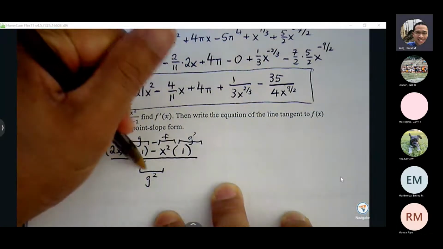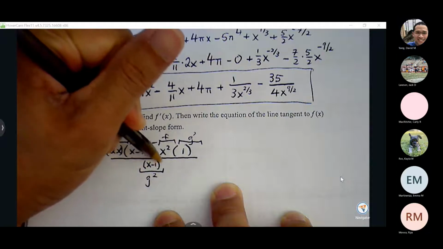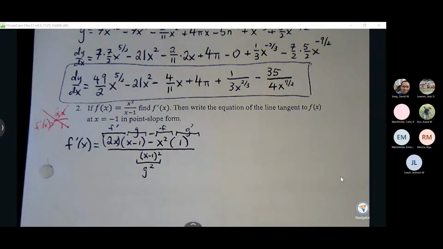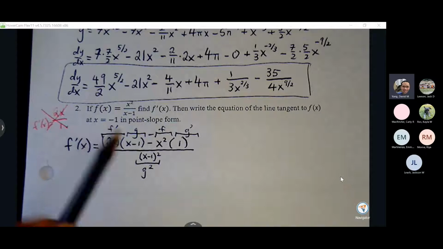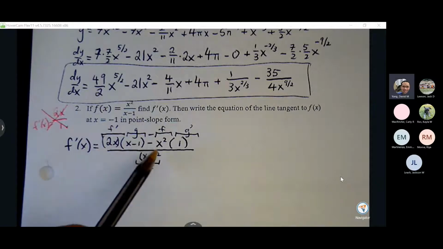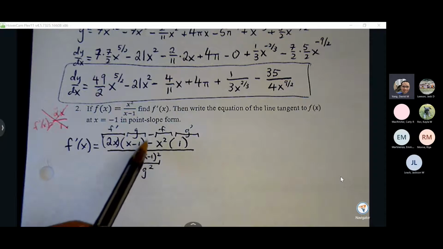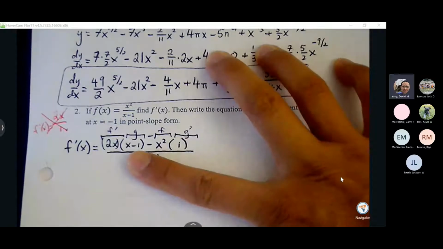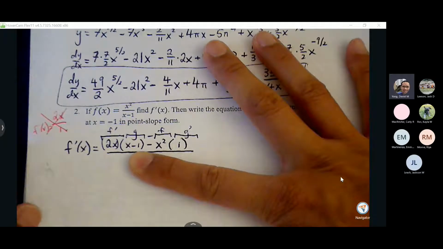All over denominator squared. Let's do some cleanup with the derivative. Now, can we ever do this? Take the x minus ones out. No, okay. That minus sign is preventing us from being able to cancel anything out. So what we want to do is we really just want to focus on trying to get that numerator cleaned up.